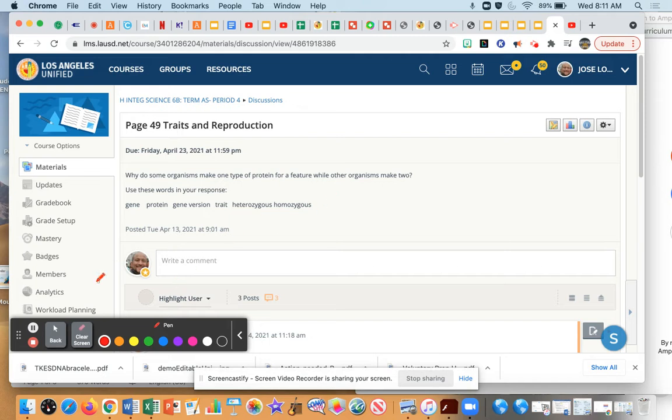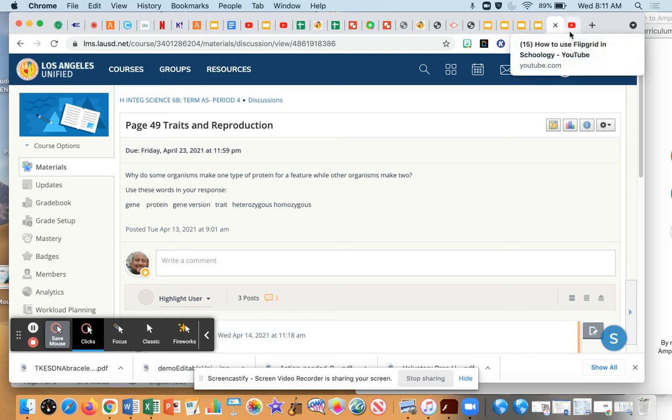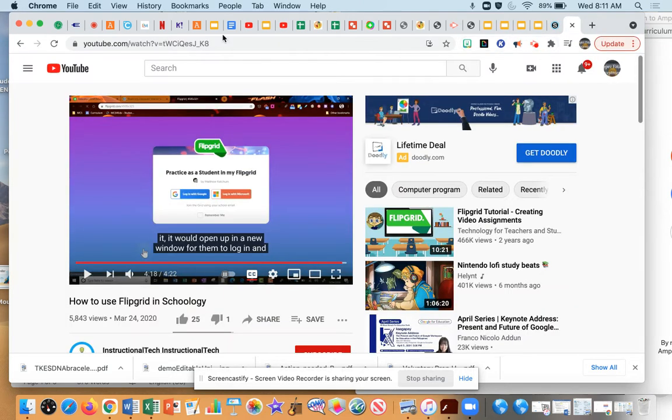Let's think about the word organism. We see the word organism here twice. What does it mean? Let's look at what an organism is.